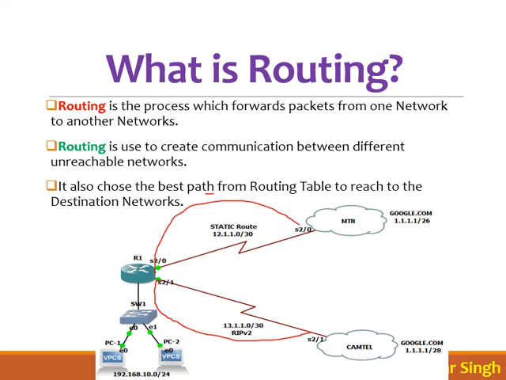Maybe this cable is 500 meters and this one is 100 meters, and this is a serial cable and this is a fast Ethernet cable. This is not in the mind of RIP. RIP only checks how many hops away you are.